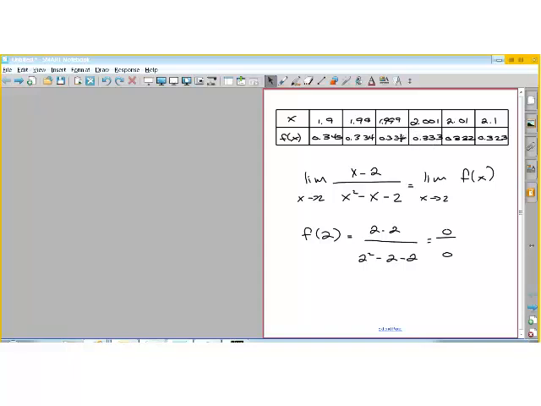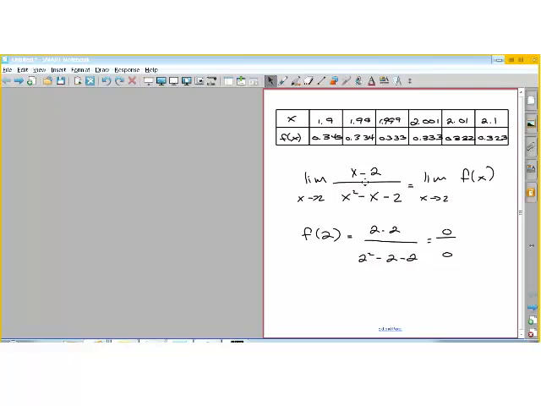If the limit exists, it should approach the same value from both sides, from below and above. If we say determine it graphically, then you plot it on the graph and you look to see what the value is, if it exists.